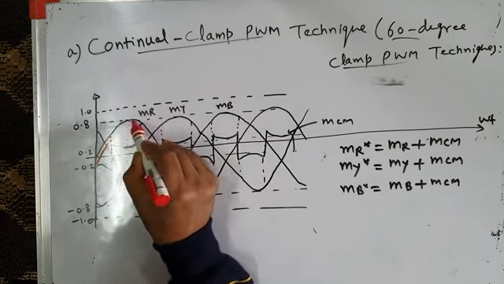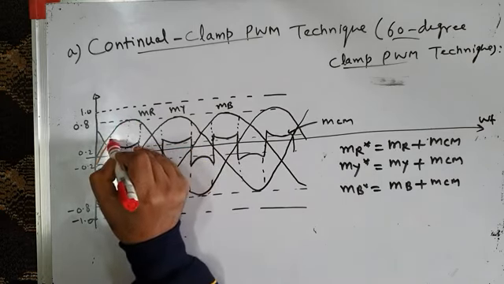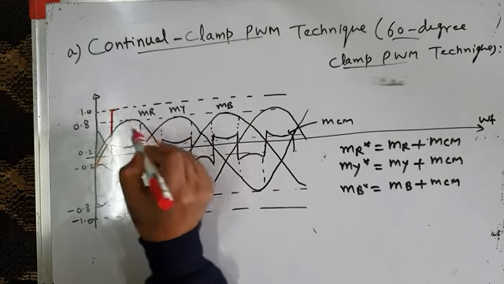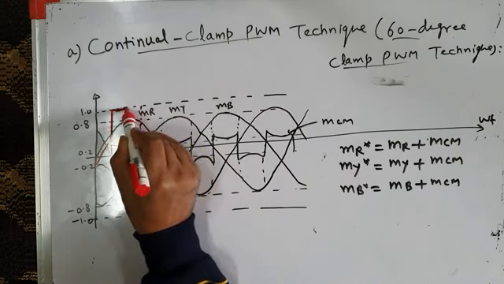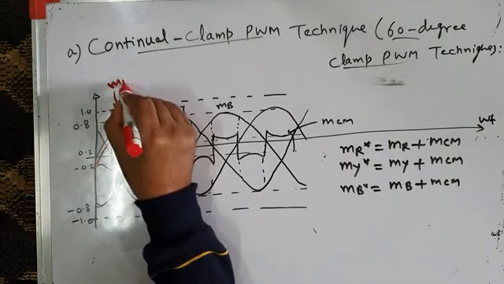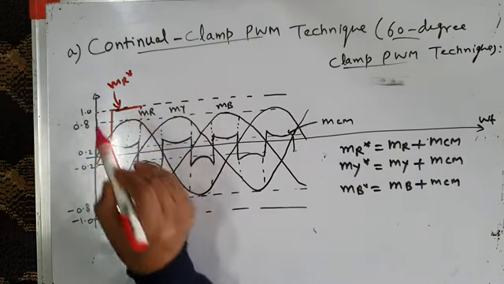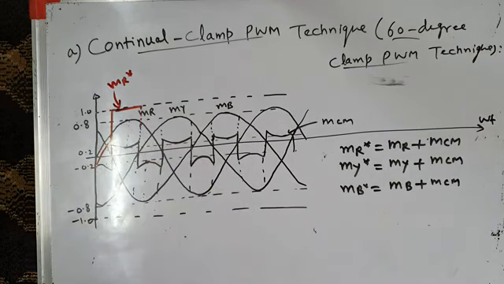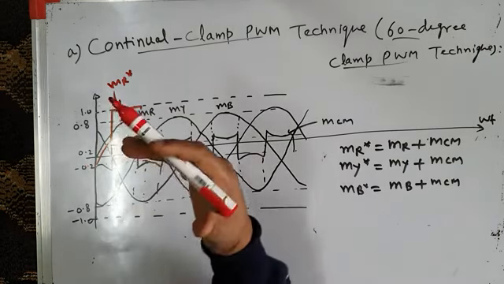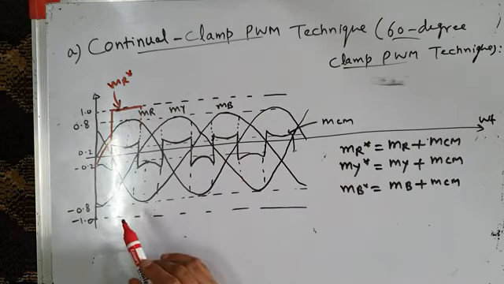The sum of the two will be equal to 1.0 over this entire period. And this becomes my MR star. And you can see MR star becomes equal to 1.0 over this 60 degree interval. And it will clamp phase leg R to positive DC bus over this period of time.